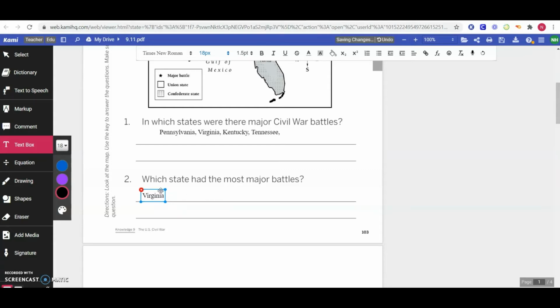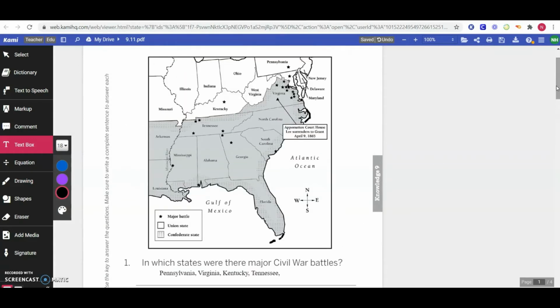Why do you think there were more battles in Virginia than anywhere else? Why Virginia? Remember, in Virginia there was a city named Richmond, and that was the capital of the Confederacy.